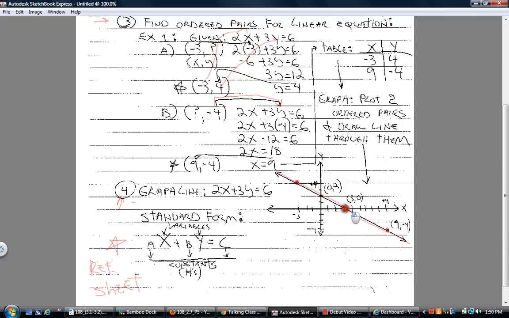Here at 3, 0. That's the x-intercept. We're going to use this technique in a little bit. Notice the value for y is 0. Notice the y-intercept is 0, 2 when it crossed it. Notice the value for x is 0. We're going to use this on the next page or two coming up.